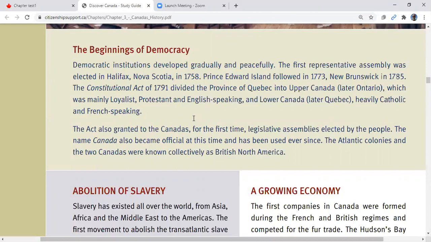Then they changed it to Upper Canada and Lower Canada. Upper Canada was Ontario and Lower Canada was Quebec. So in 1791, those two provinces were born.